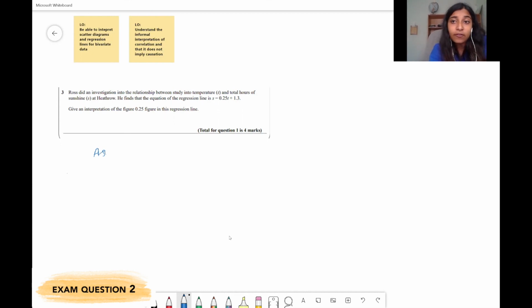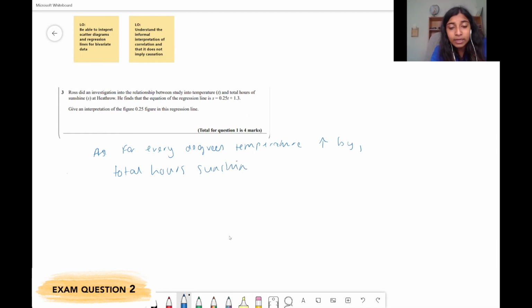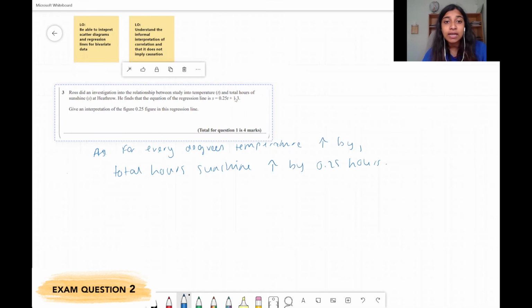So you can interpret 0.25 by saying for every degree the temperature increases by one, the total hours of sunshine increases by 0.25 hours. It's an increase because we have a positive regression line, a positive correlation, as your gradient is positive.